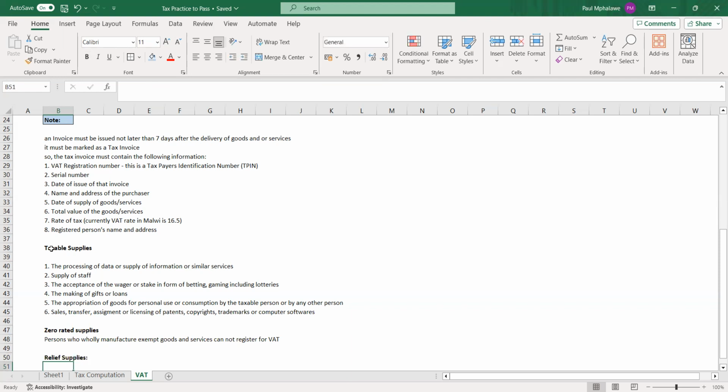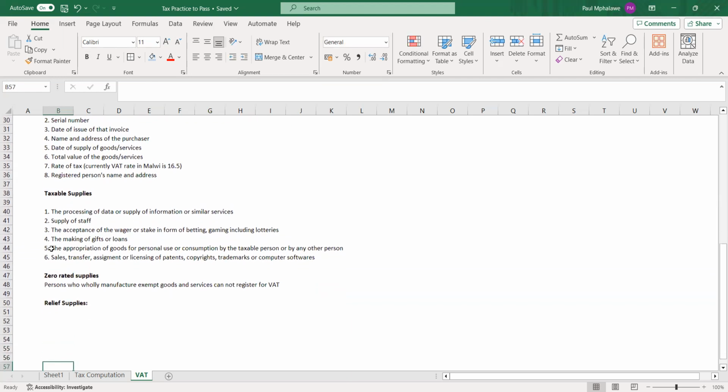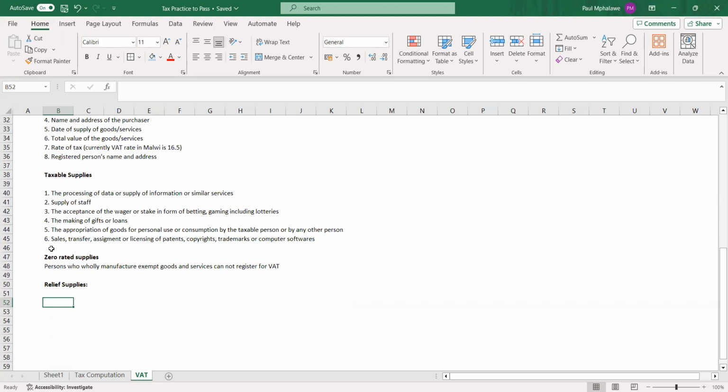You know, tax is about following the law. Nothing special. There's no rocket science. You must understand the Tax Act and just follow what the Tax Act says. There are some relief supplies that must not be charged VAT.